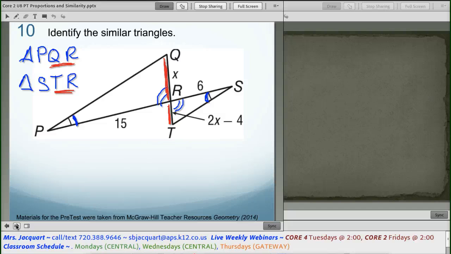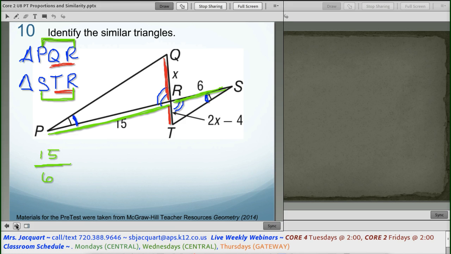Okay, and then if we're going to match up PR, whoops, I didn't switch colors. I meant to switch colors. PR has to match up with SR. So PR and SR. All right, so let's do the green ones first. Let's do 15, big over small, equals 6.